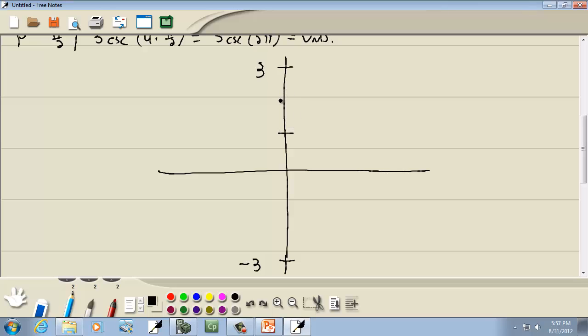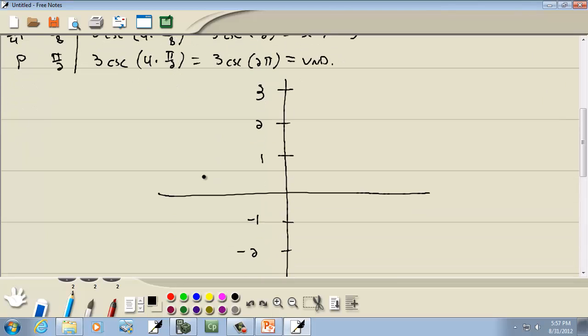So this would be 1, 2, more or less. And that's negative 1. That's negative 2. And then our period is pi over 2. So pi over 2 is roughly 1.5, which is that distance, which would put it about right here. And then this would be pi over 4. I won't write it down, but this is, well, yeah, I can. Pi over 8. And this one would be 3 pi over 8.